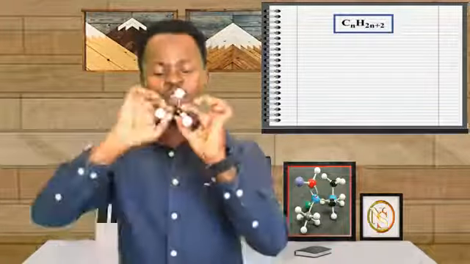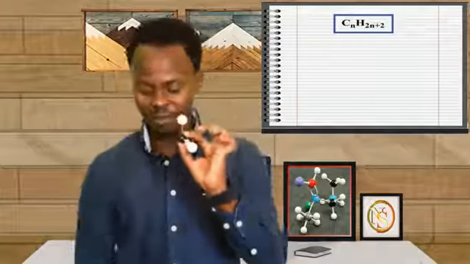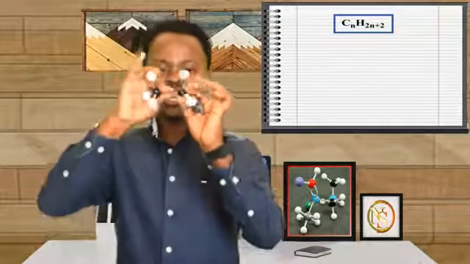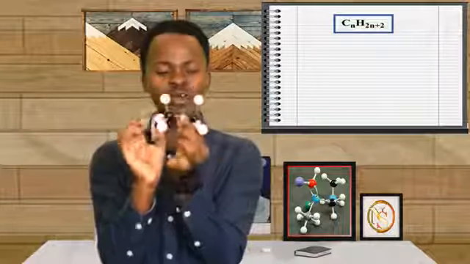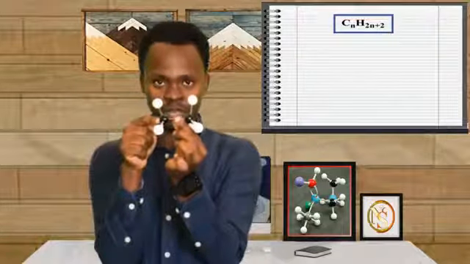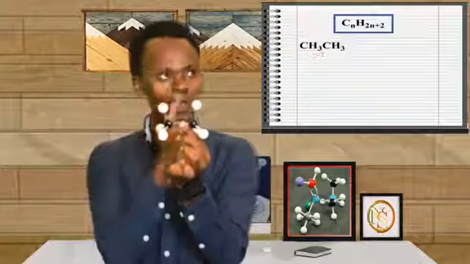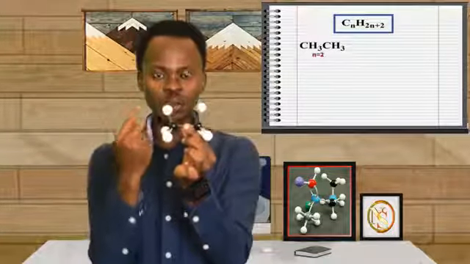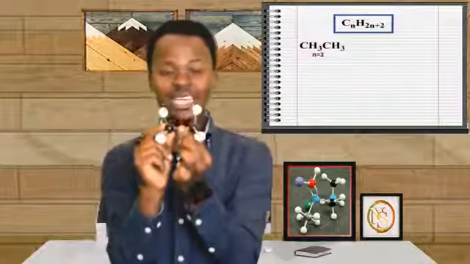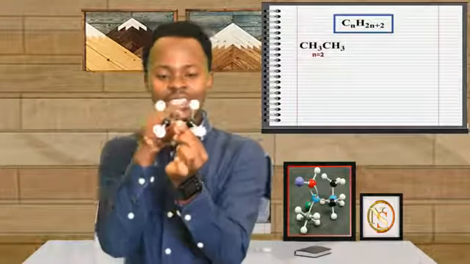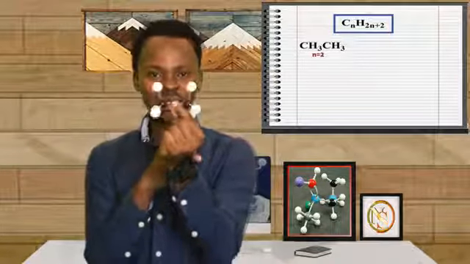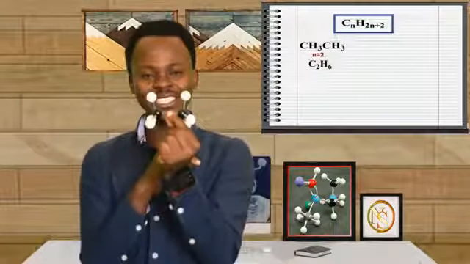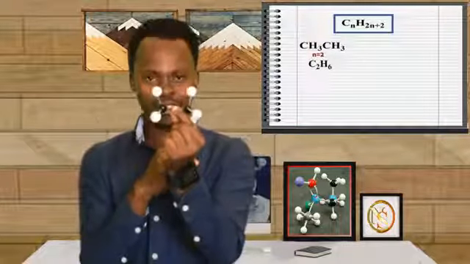For example, if I remove this hydrogen atom here and replace it with a methyl group, I add 1 more carbon atom, so here we'll have 2 carbon atoms. So n is equal to 2. 2 times 2 plus 2 is equal to 6, meaning the number of hydrogen atoms in this molecule is 6. And therefore, this molecule will have a molecular formula of C2H6, and it is called ethane.